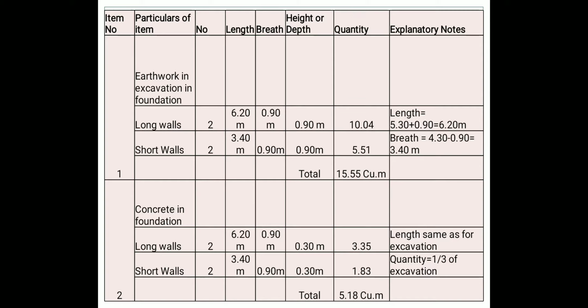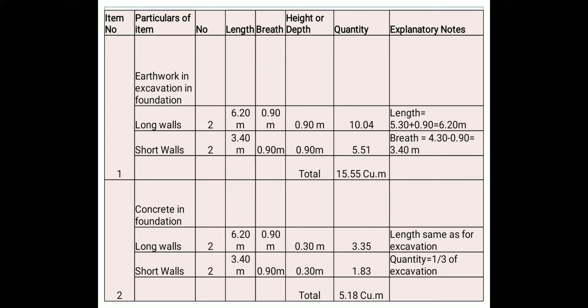The first thing is earthwork excavation and foundation. As you all know, we are going to solve this by long wall short wall method. So for long walls it is 2, the length is 6.20, breadth is 0.90 and height or depth is 0.90. Multiplying length, breadth and height, that makes a quantity of 10.04, and the length is calculated as 5.30 plus 0.90, that is equal to 6.20.